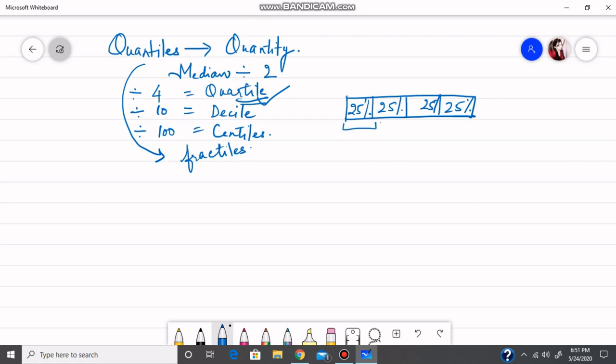This is the part up to the median. So this is the lowest 25%, this is the 25% up to the median, this is the 25% greater than the median, and this is the section that is the highest 25% of the data set. In this data set we can say that this is the median, the point at which we would have the median.